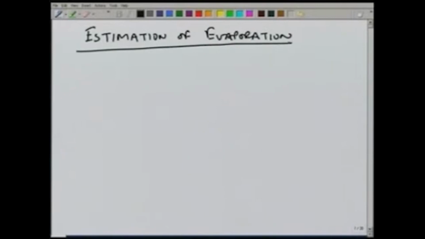As we have discussed, evaporation from a water surface is the transfer of water vapor into the air below the boiling point. And as we have already seen, the rate of evaporation will be proportional to delta E, which is the vapor pressure difference.